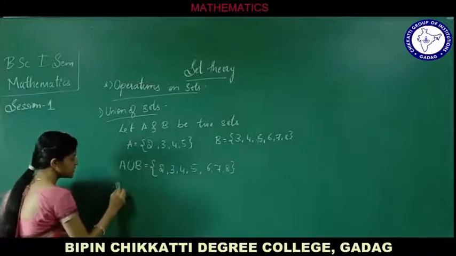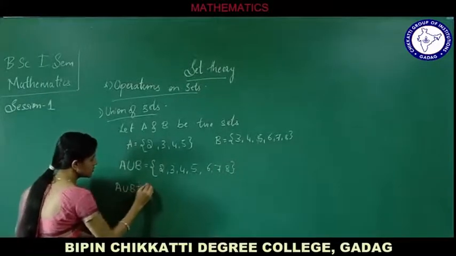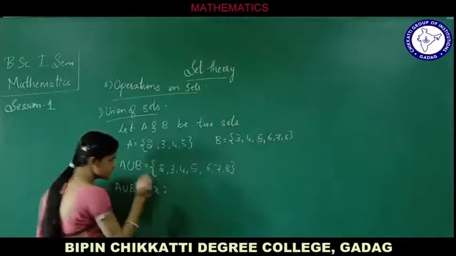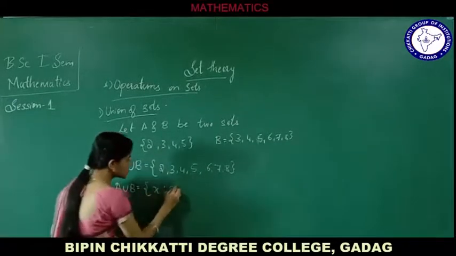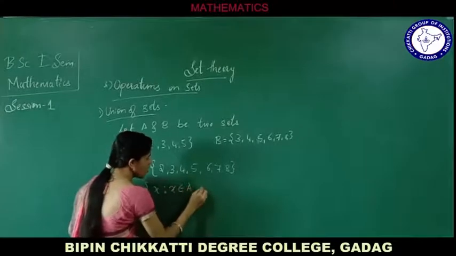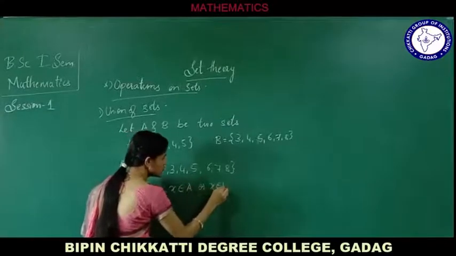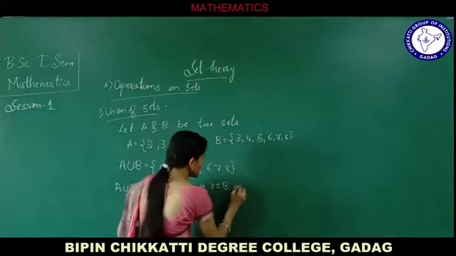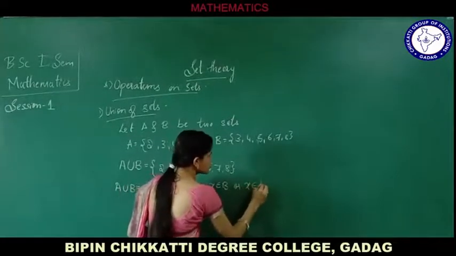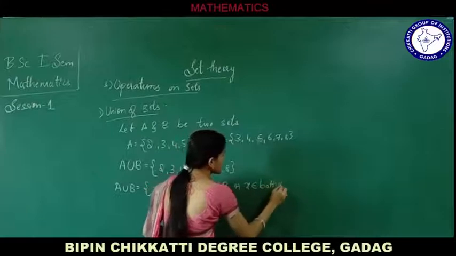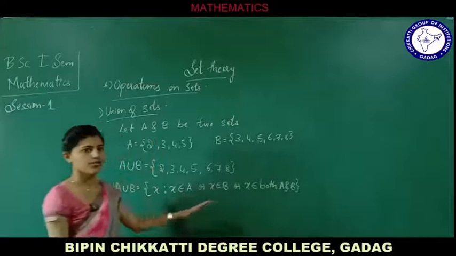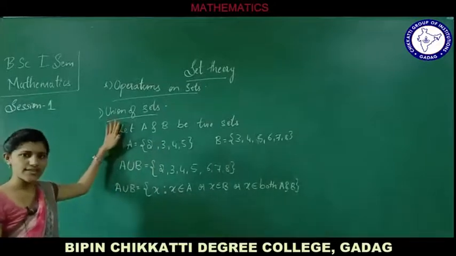A union B is equal to X such that X belongs to A or X belongs to B or X belongs to both A and B. This is how we define union of sets.